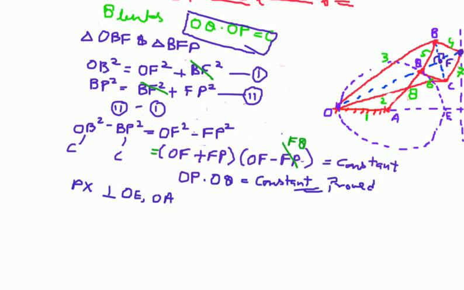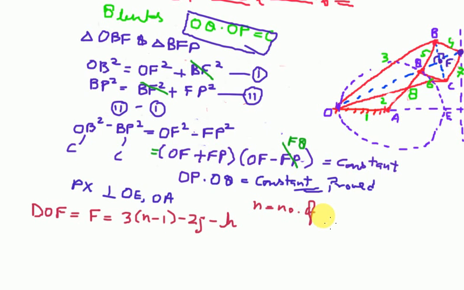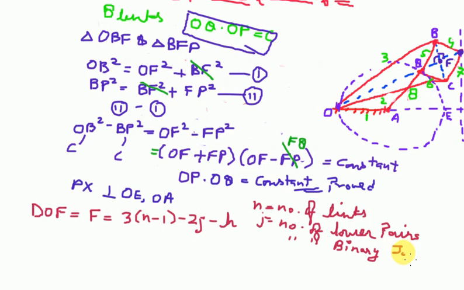Now we can also calculate the degree of freedom of this mechanism. What is degree of freedom? It is the total number of inputs required for a desired motion. As we have discussed in the previous section, degree of freedom is F equals to 3 n minus 1 minus 2j minus h, where n is the number of links and j equals to total number of lower pairs, or we can say total number of binary joints.